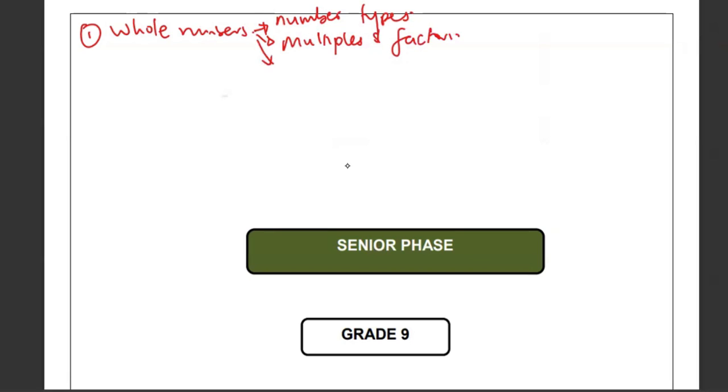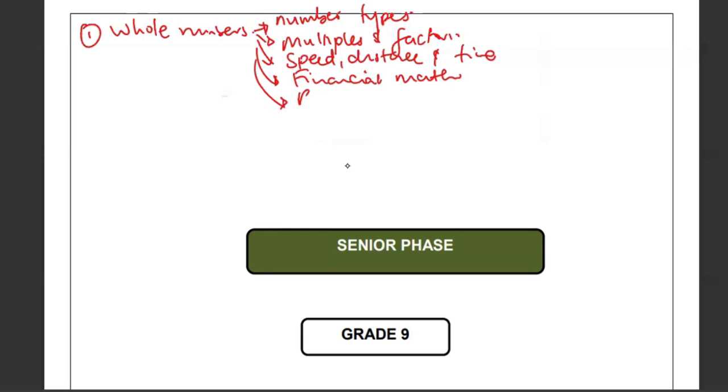And then number 3, things to do with speed, distance, and time. And then we could also have something to do with the financial maths, even the ratios and proportions. So those are all under the whole numbers.